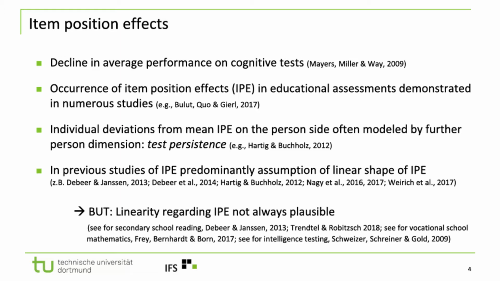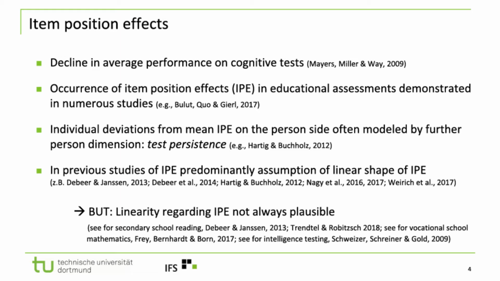In addition to a general position effect averaged across individuals, it was also shown that individuals also differ among each other with respect to this effect. To account for this, these individual differences are often modeled with another person dimension, often called test persistence. Both the overall change in performance as well as the individual deviations from this are modeled mainly using an assumption of linearity, which essentially means that these changes happen in form of a linear curve.